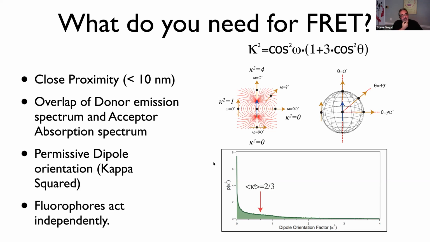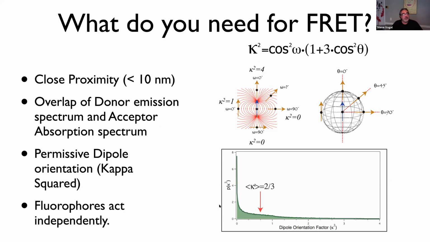What's more interesting, however, is you can say, given that you have randomly placed donors relative to acceptors in a population, and you have random orientations at the location, that's called isotropic, what will be the value of kappa squared? And so that's this distribution here in green.